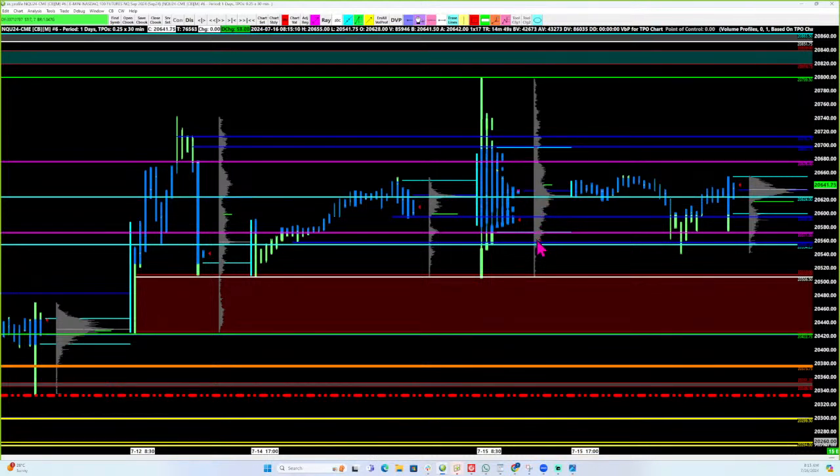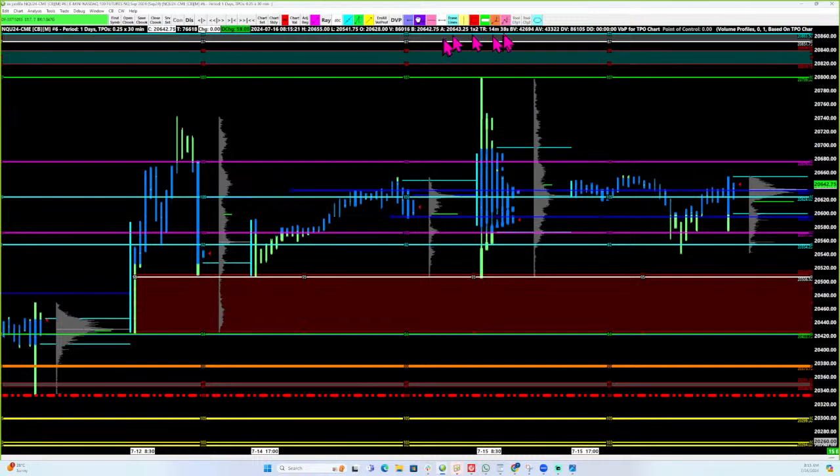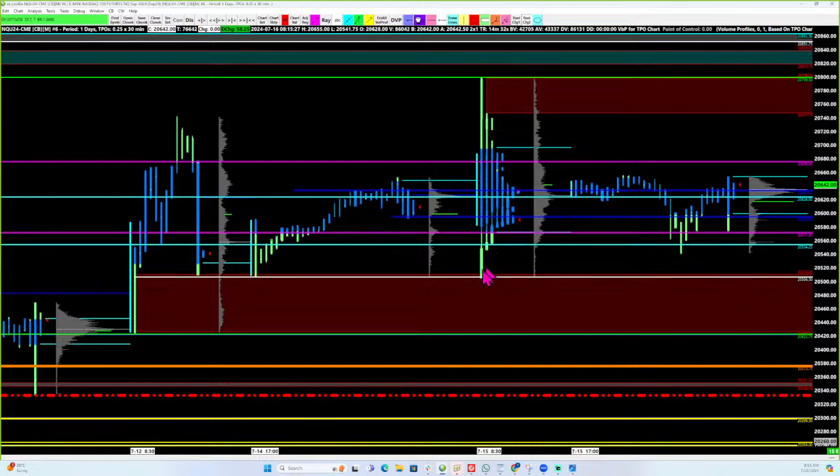TPO point of control, which is where we're sitting right now. Single prints. And single prints. Oh wait, I gotta adjust this.